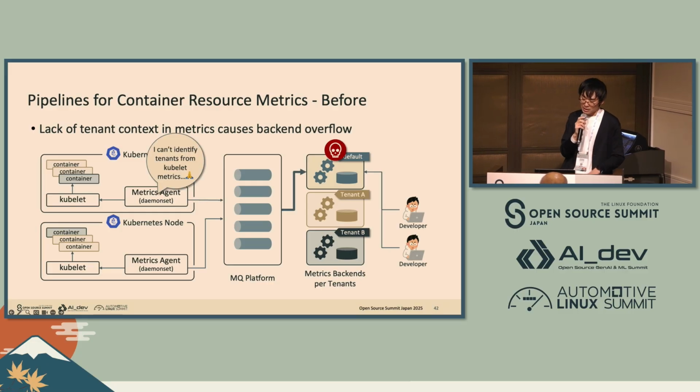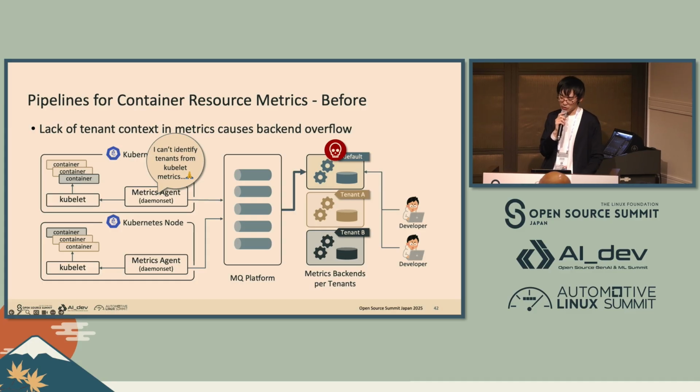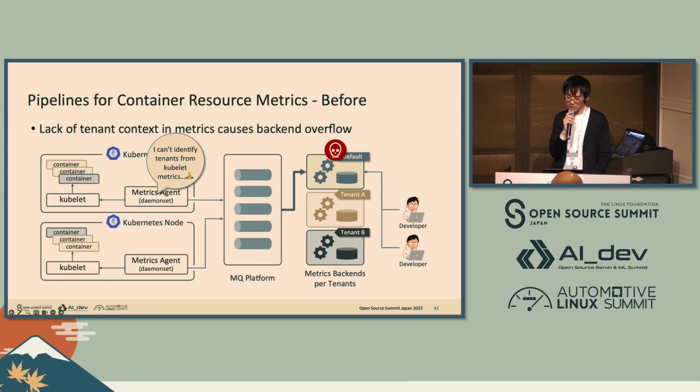The issue was that the metrics agent couldn't identify the tenant of a container just by looking at the metrics from the kubelet. In other words, the tenant context of the metrics is lost through the agent. Without tenant context, all metrics are stored in a single default tenant, which causes overloading of the default tenant.